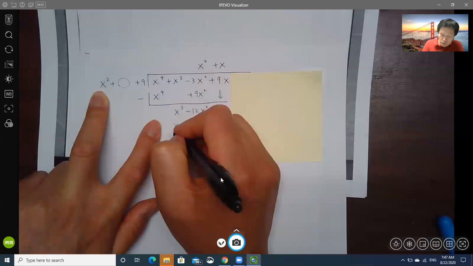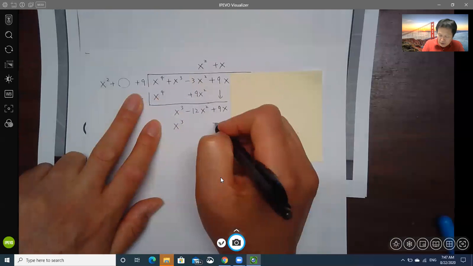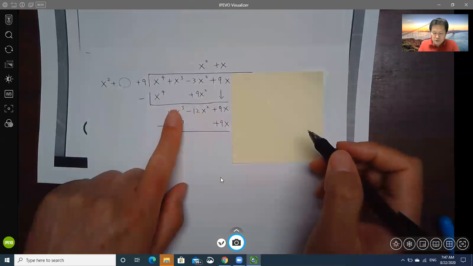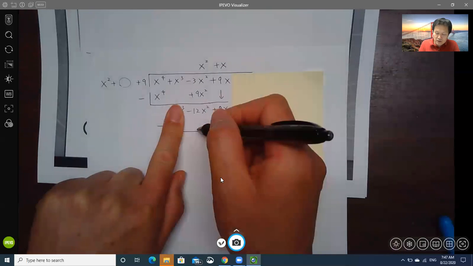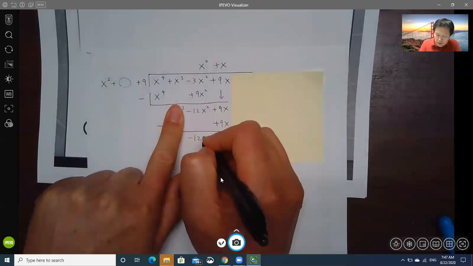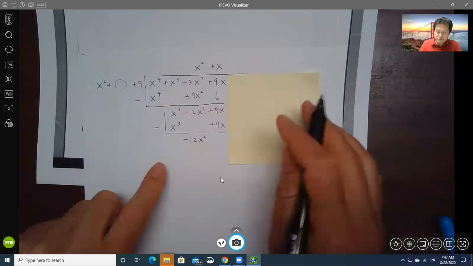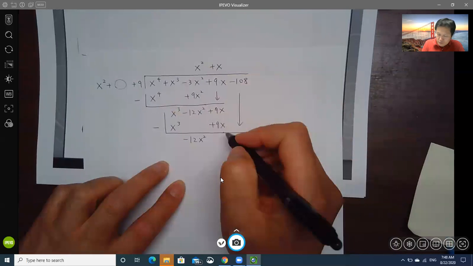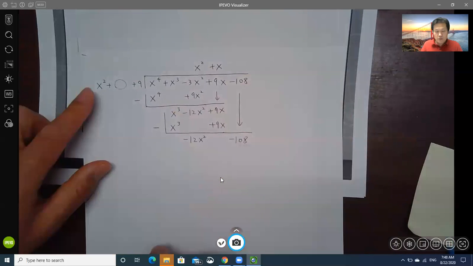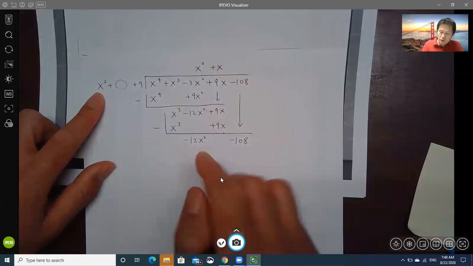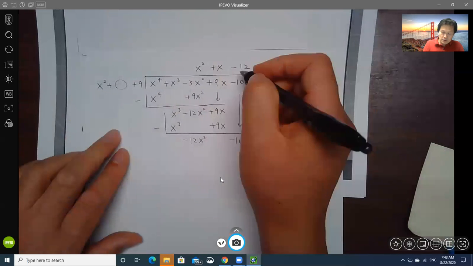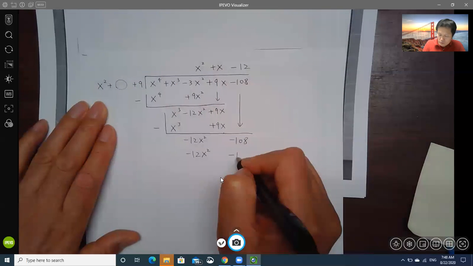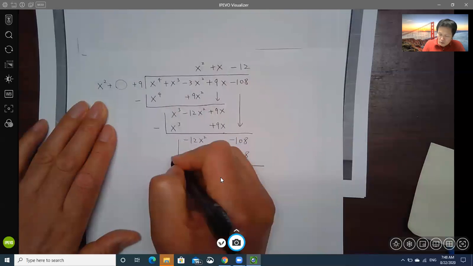Distribute x times 9x here, subtract. Disappeared. Minus 12 minus 0 is minus 12x squared. Putting one term down, what do I multiply here to match this? Minus 12. So minus 12, distribute. You should get 0.